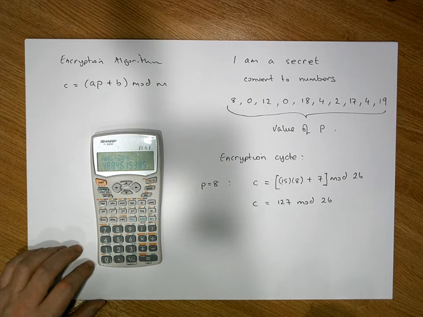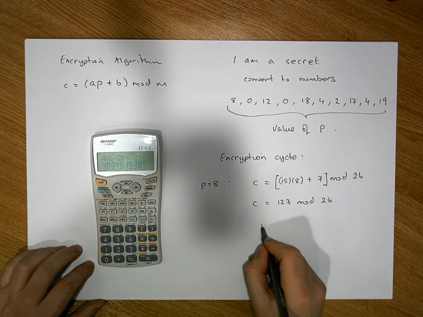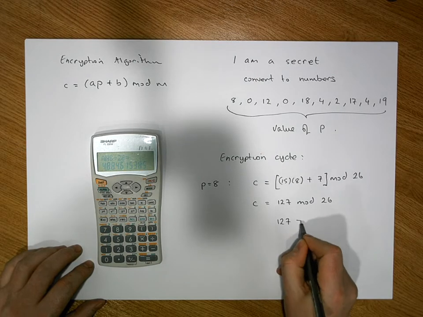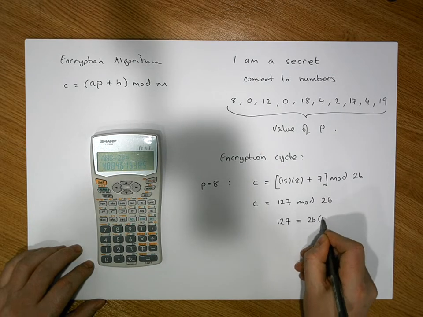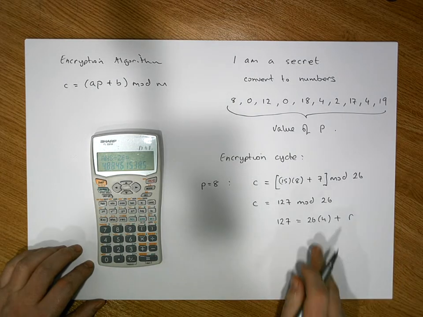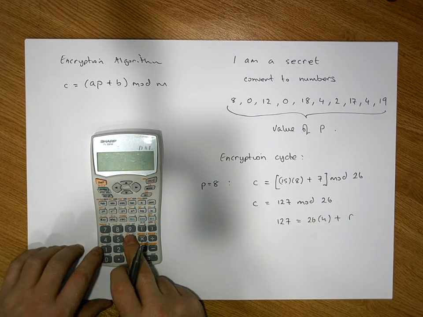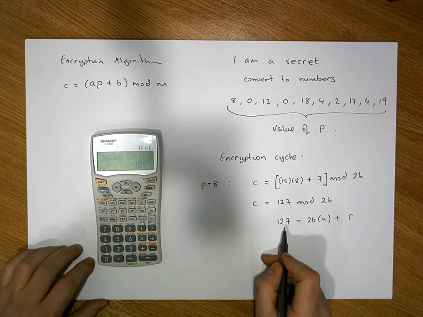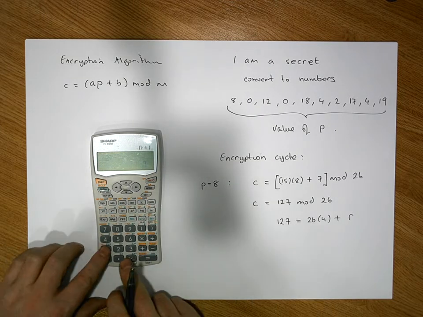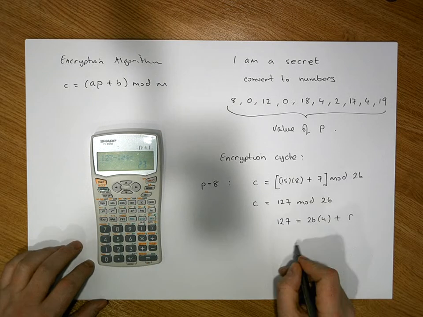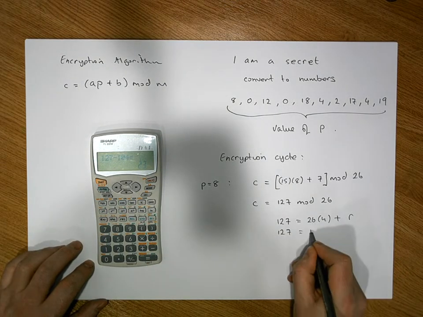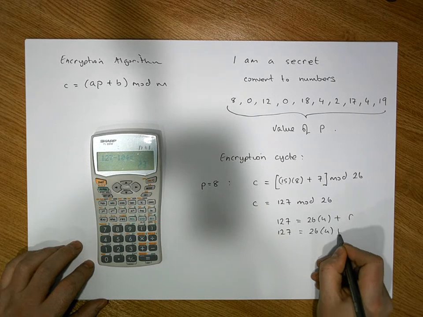So what we know now is that 127 is equal to 26 times 4 plus some remainder. Well, 26 times 4 is 104, and 127 minus 104 gives us a value of 23. So 127 must be equal to 26 times 4 plus 23.